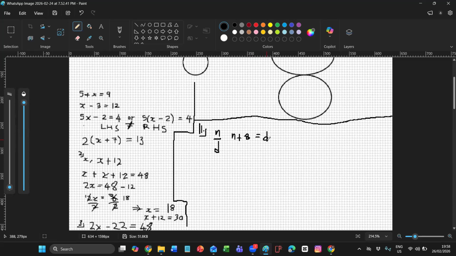Can you see it from this perspective? Yes, sir. The denominator is greater than the numerator by 8, that's N plus 8. Now anywhere I see the denominator, I can simply put N plus 8, right? Yes, sir. What I want is to make sure the whole thing is in terms of one variable first.